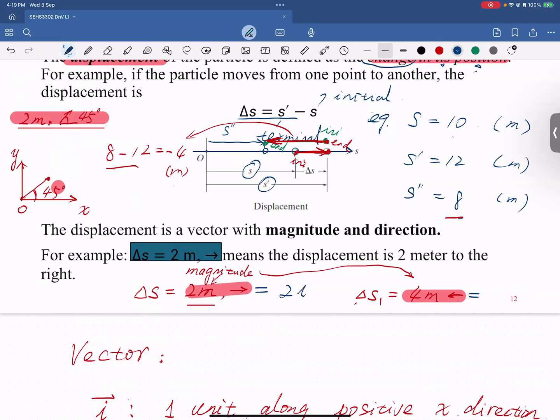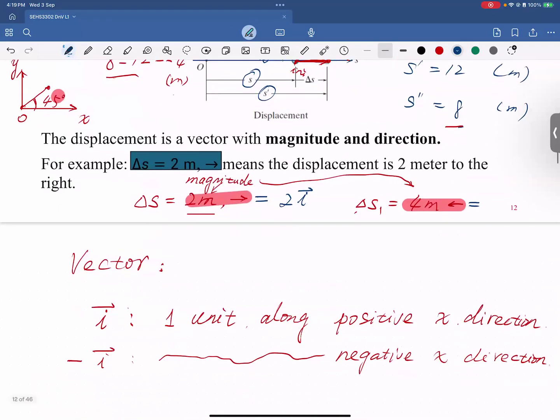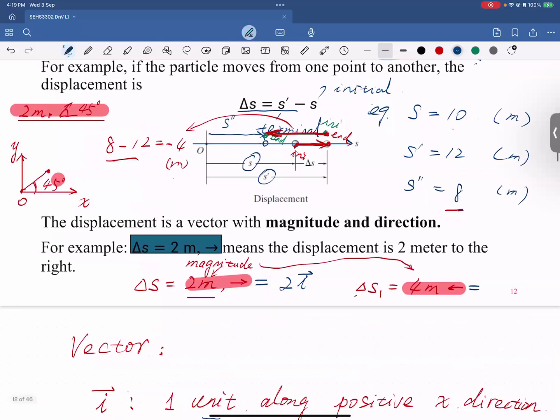We can call it 2I. And the unit, because here I has any unit, we need to define the unit here, right? To point out the unit is meter. So this is equal, okay? Equal means left hand side and right hand side, same thing.